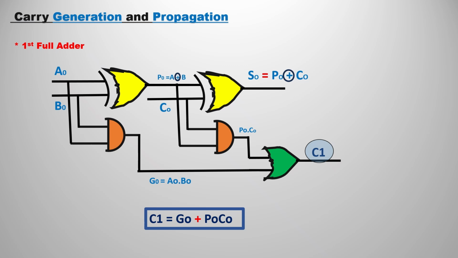In the outputs also, we can observe P0 XOR C0 for the sum, and for the carry C1, that is P0 into C0 plus A0 into B0. Finally, the C1 output is G0 plus P0 C0, which you can understand from the circuit diagram itself.